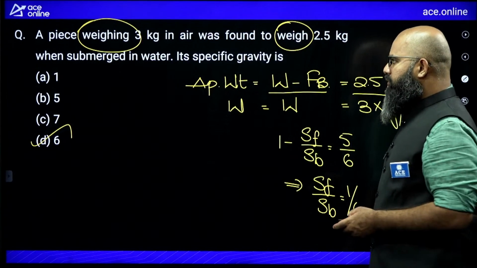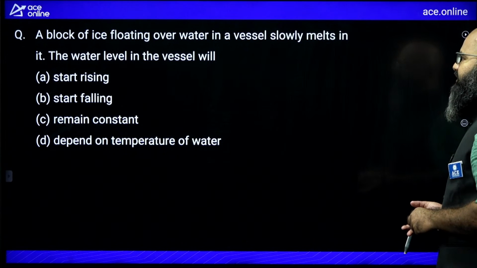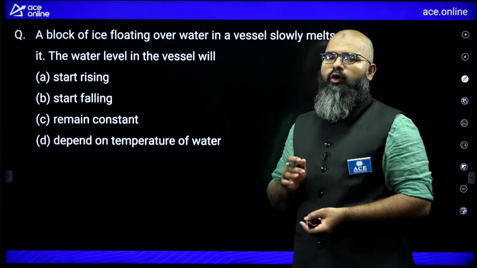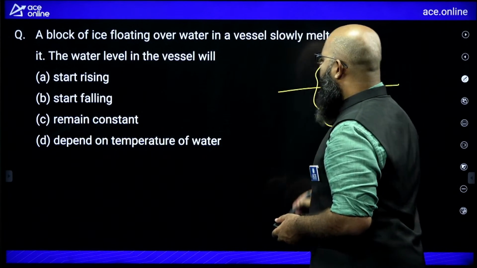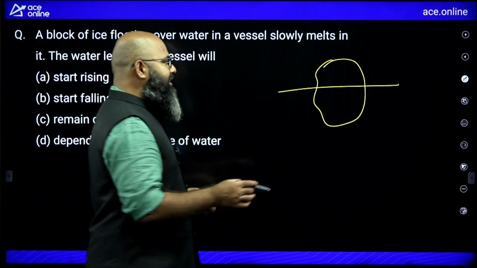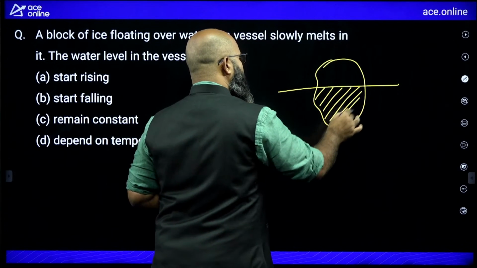Okay? Let us move further. A block of ice floating over water in a vessel slowly melts. It's a very common question. What will happen to the water level? Whenever ice is melting into water, remember, this ice was equal to this much weight of water.